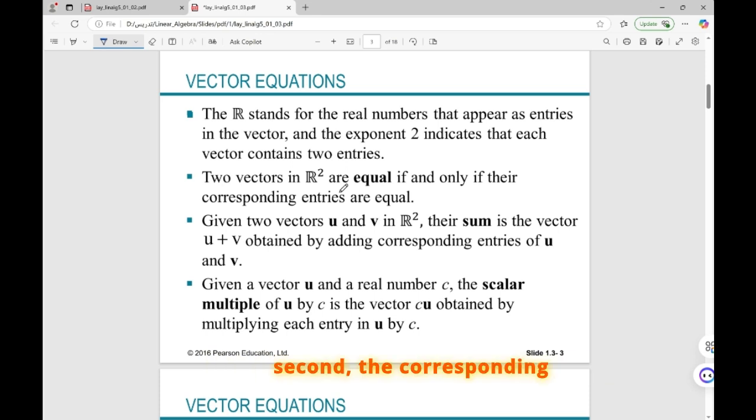Second, their corresponding entries are the same. Their first entries are equal, their second entries are equal, and so on.